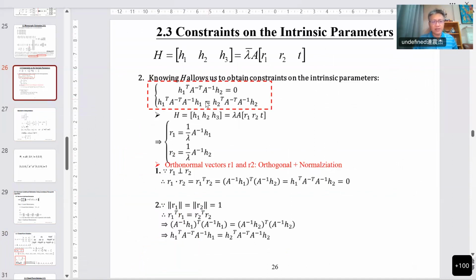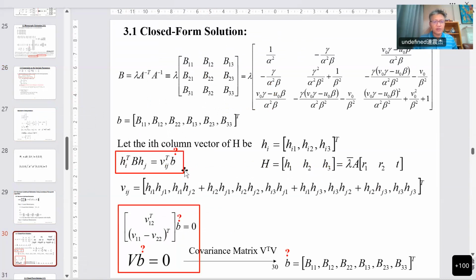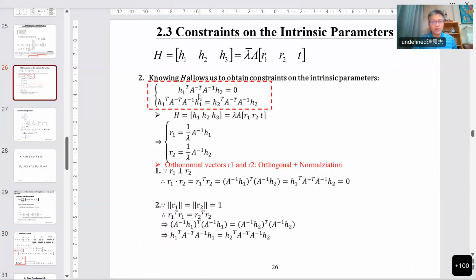If this is minus here, this term will be reformulated and become here. For each term you have Hi, Hj. But here, back to 26.